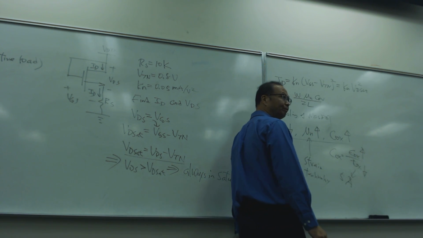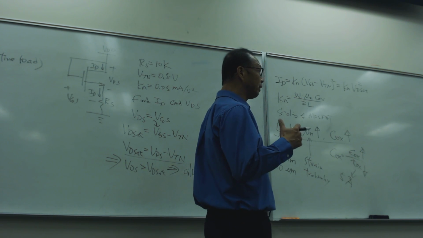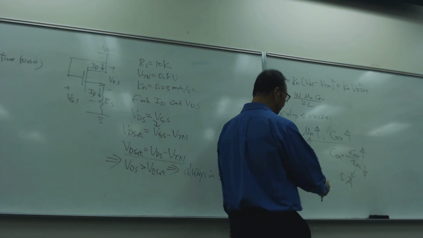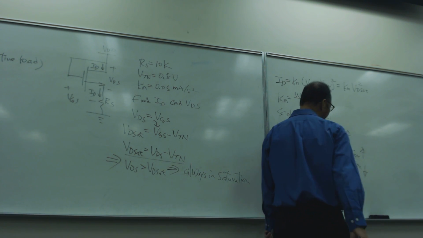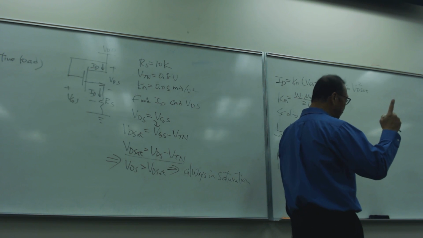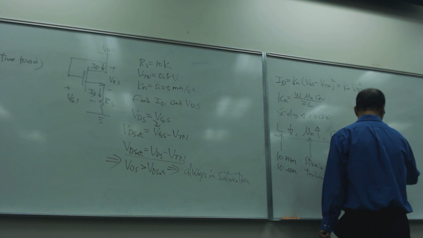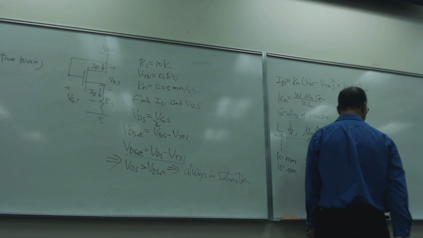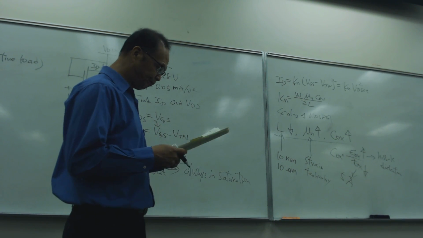You know what an angstrom is? An angstrom is 10 to the minus 10 meter, so it's very, very thin. Now, if you try to increase epsilon, you would have to use a different material, which I mentioned last time, called high K. So I thought I'd give you this background.